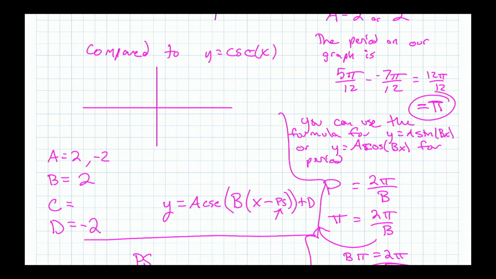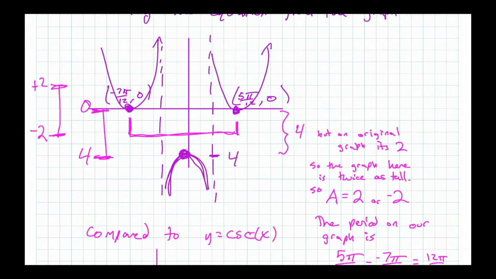So I'm able to figure out the A, the B, and the D pretty easily. The C, or the phase shift, if you write it in the form that I've got here, is a little bit mysterious. So what you're going to have to do, maybe, is actually draw in the cosine or a sine and then try to do it that way.